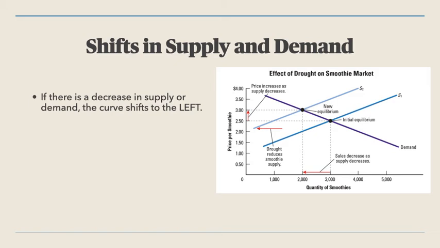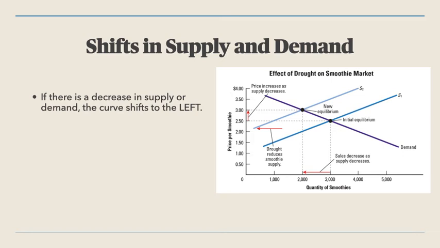So in this case, let's say that there is a bad drought and blueberry farmers across the world aren't able to make as many blueberries. Well, you can imagine that's going to reduce supply. It's going to decrease the supply of blueberry smoothies. So if it decreases, it moves backwards towards the y-axis.